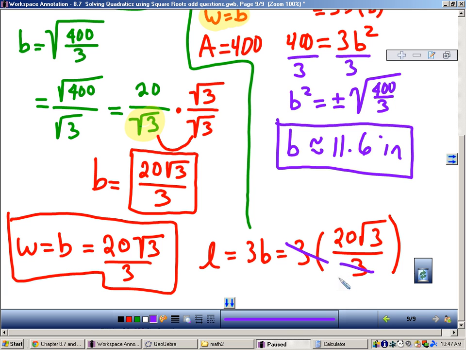This becomes 1. This also becomes 1. And when you multiply by 1 over 1, you end up just with 1. So the length is 20 radical 3.